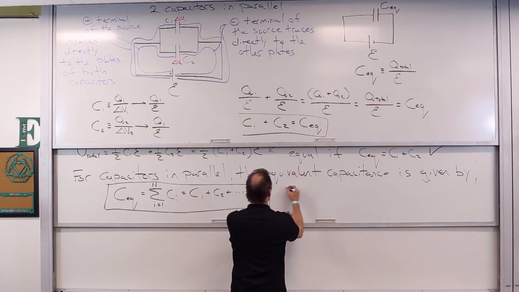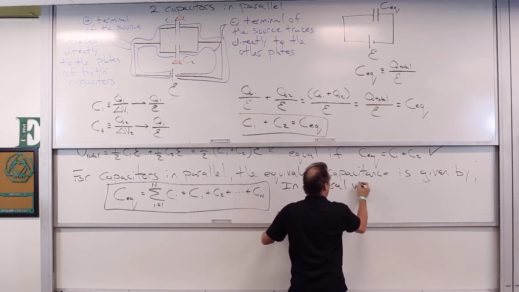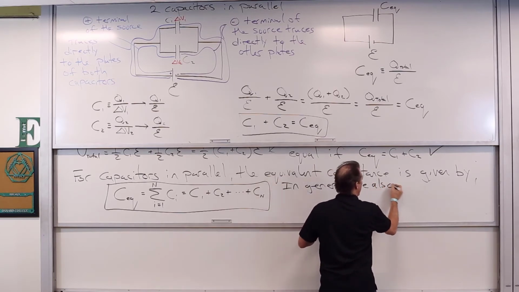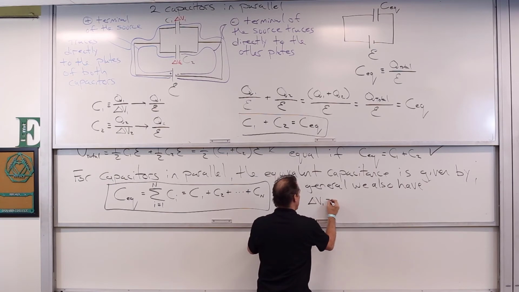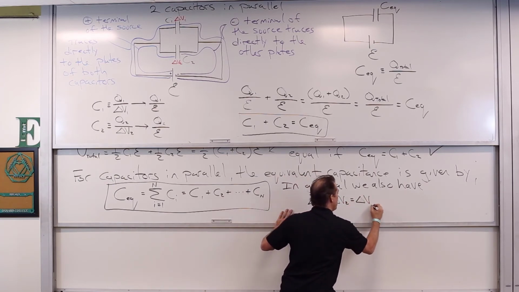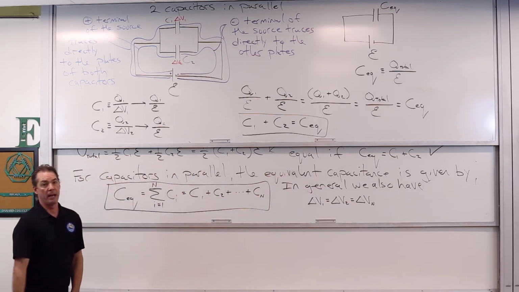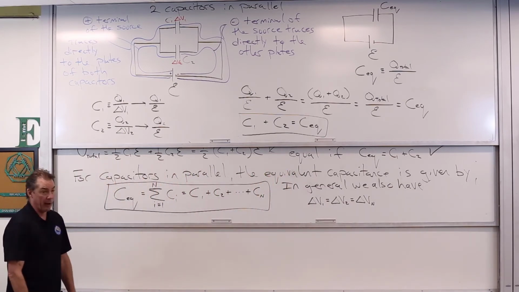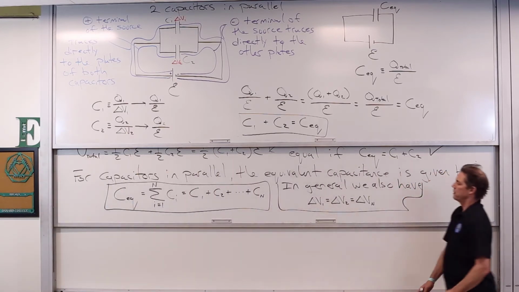But in general, we also have that delta V1 is equal to delta V2 is equal to delta V sub N. They all have the same potential difference across their plates if they are in parallel. So that is something else.